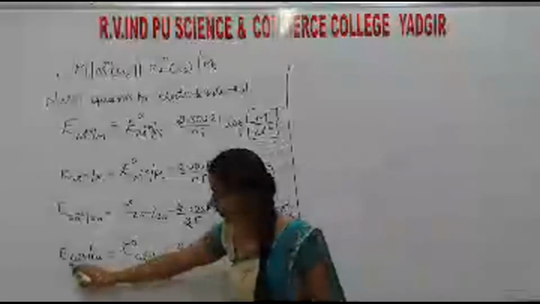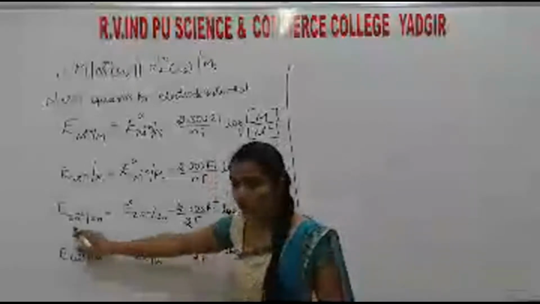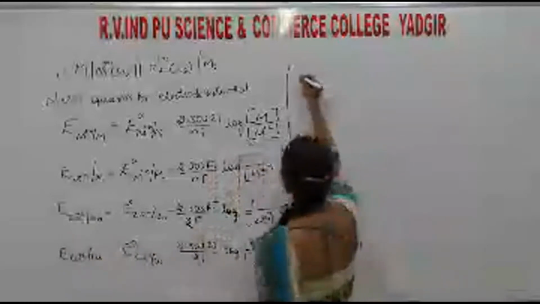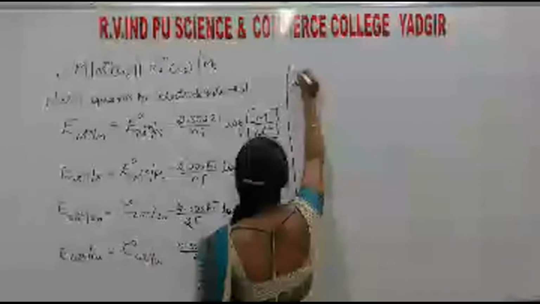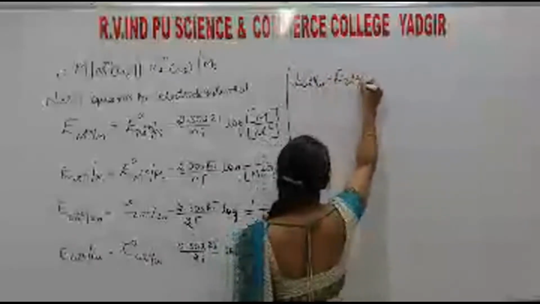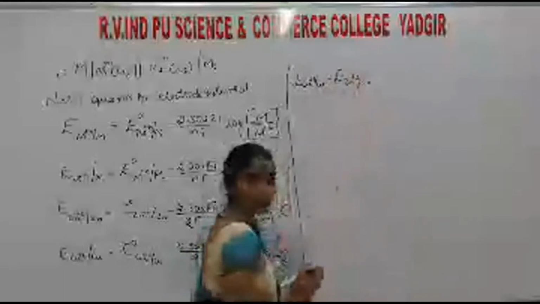So E Cu plus 2 minus Cu, that is E cathode minus E anode, means that becomes E cell. Here I will take initially E Cu plus 2 bar Cu minus E Zn plus 2 bar Zn. What this becomes? E cell.